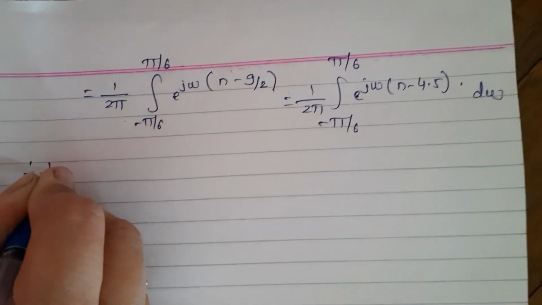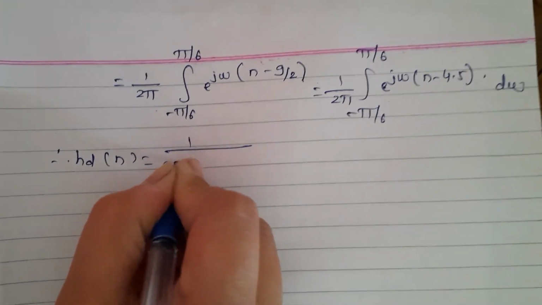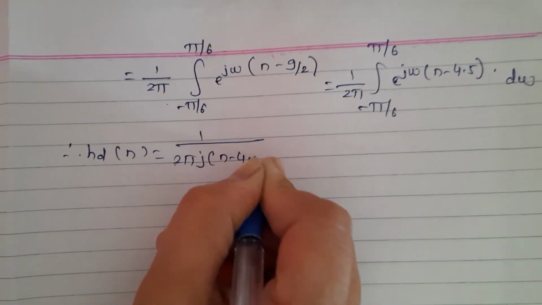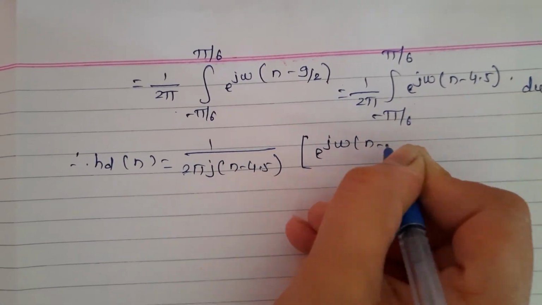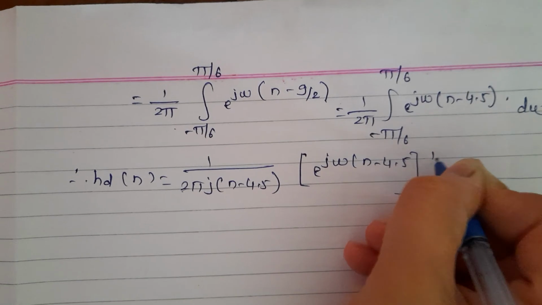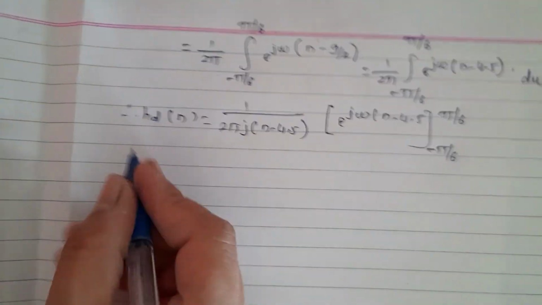Therefore, HD of n is equal to 1 by 2 pi j into n minus 4.5, e raised to j omega into n minus 4.5, with values of integration. Now we substitute these values of integration here.